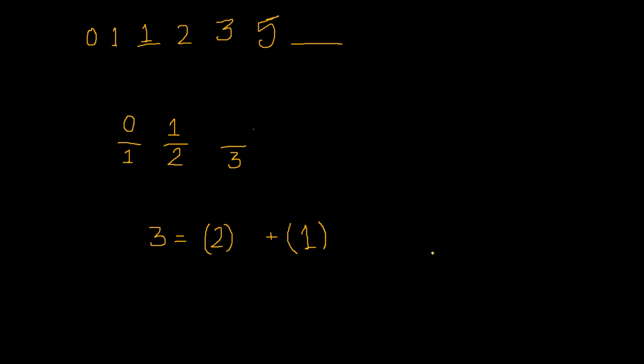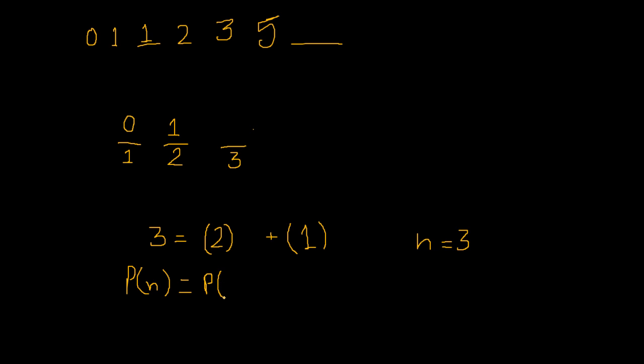Suppose n is 3. If we want to find the element at position number n, that is 3, then we have to find the element at position number 2, which is 3 minus 1.